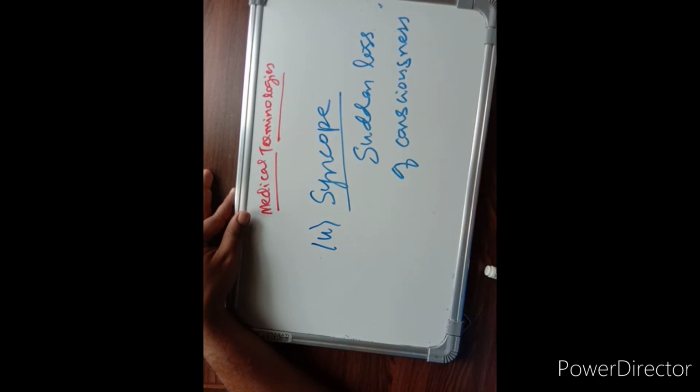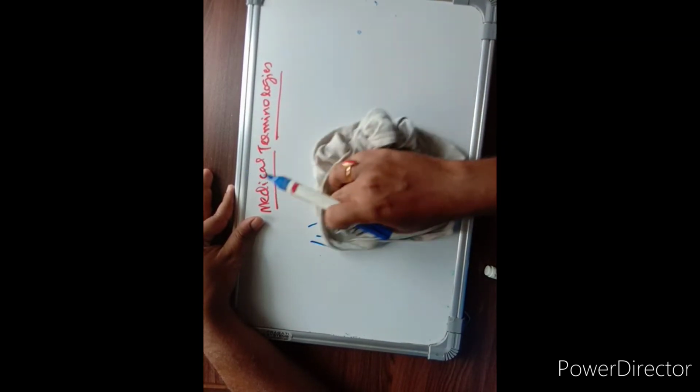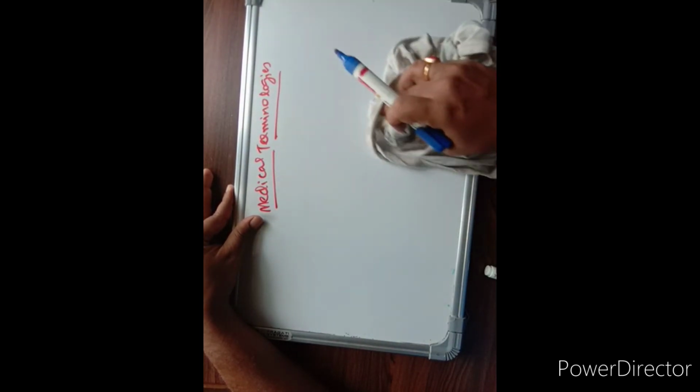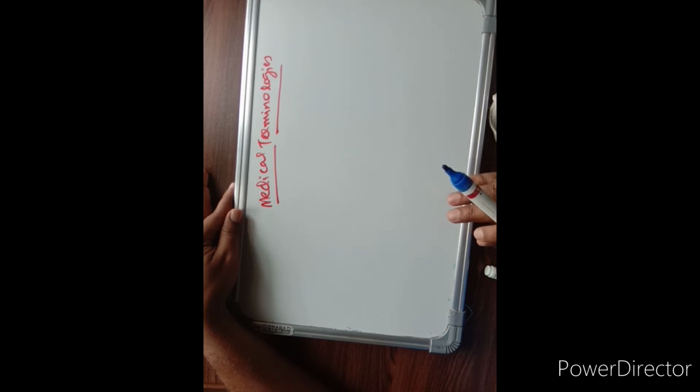This happens in the case of neurological disorders, where the patient suddenly loses consciousness, and the terminology for sudden loss of consciousness is syncope. Now, don't think much about it, only understand the meaning of the terminology, and later we can explain the underlying reasons for all these terminologies.